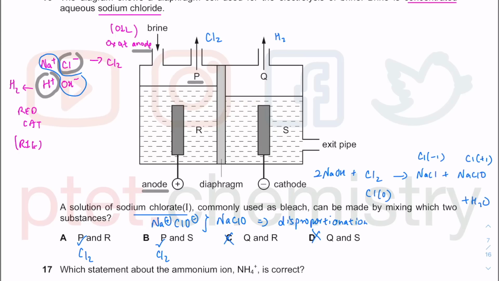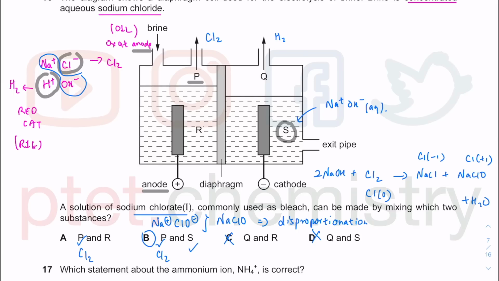You don't really have the H+ and the OH-, they're still lying around in here. It's only when they pass through the diaphragm, the remaining 3 ions, except the Cl-, which get discharged. So the H+, OH-, and Na+ are going to lie in here, but the H+ get discharged, and only then you're going to get S, which will be the Na+ and the OH- that get left behind. So it's actually the S, which contains the sodium hydroxide, and therefore that is P and S.